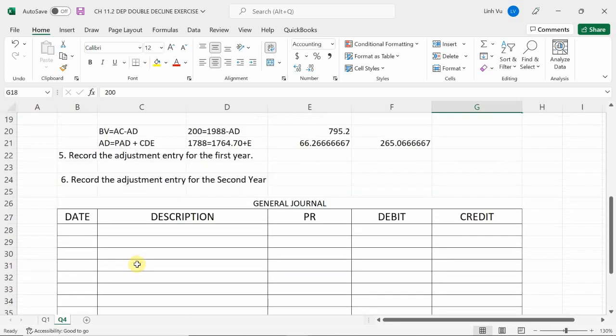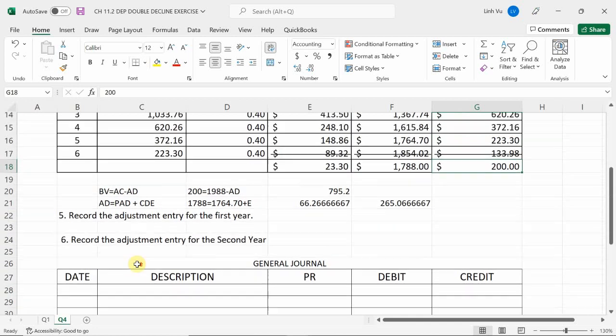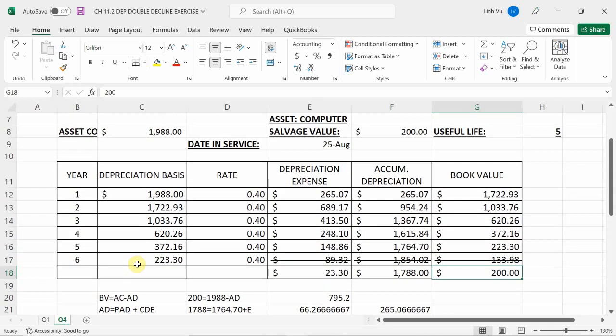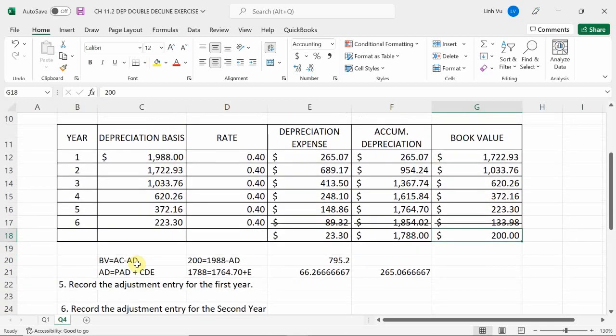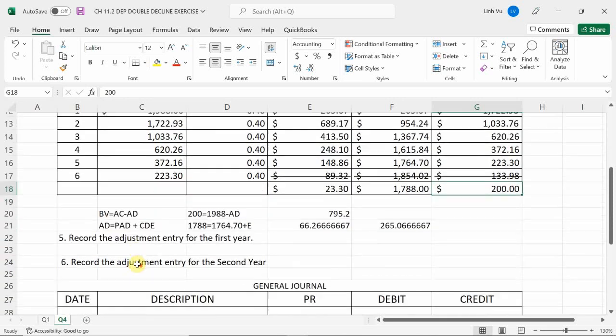All right, so now let's go ahead and do question number 5 and 6 here, where we're going to need to journalize our entries for the 1st and 2nd year. So in this case, what is the adjustment entry going to be for the 1st year? The adjustment entry for the first year is going to be 265, right?